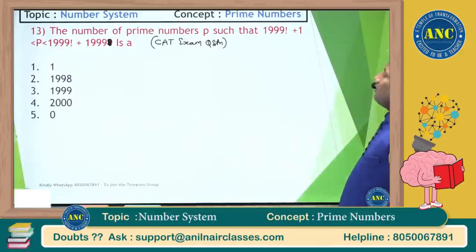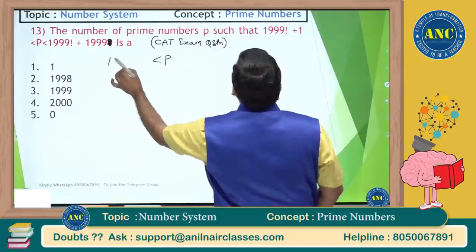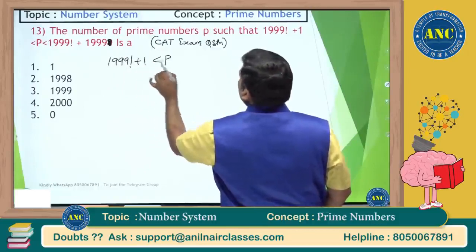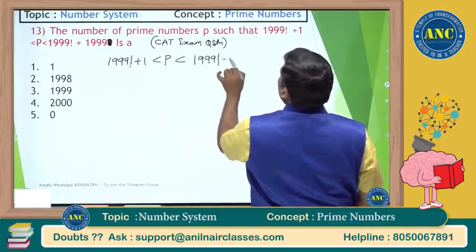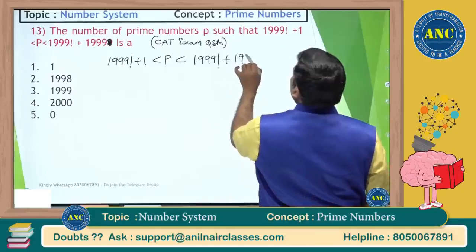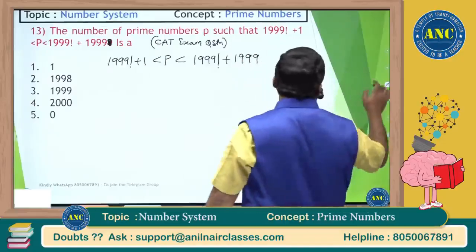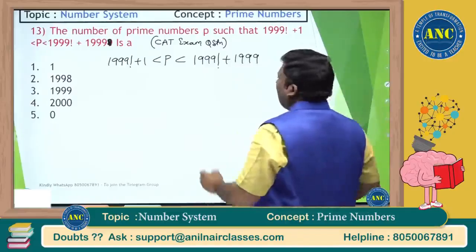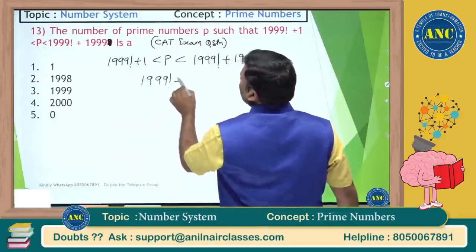Find the number of prime numbers P such that P lies from 1,999 factorial plus 1 to less than 1,999 factorial plus 1,999. Now see here. Natural numbers we want. So what will be the next number? The next number will be 1,999 factorial plus 2.